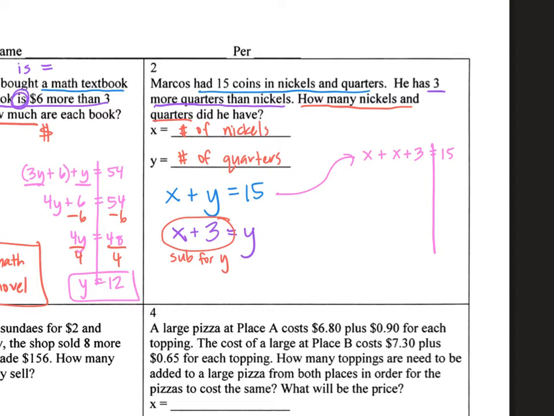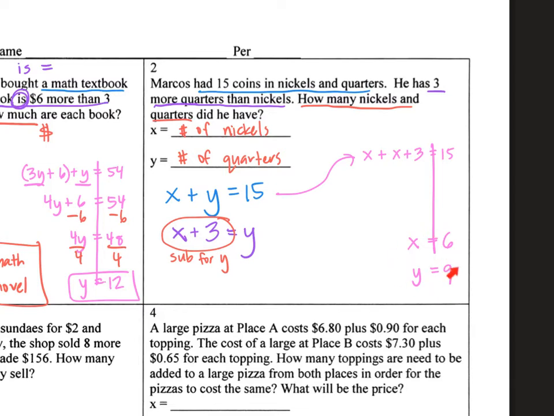You're going to eventually end up, if you solve it correctly, with X equals 6. And that's how many nickels, remember. And if you think about it, that means there's, what, 30 cents? Thinking about that might help you with some of these problems. And if there's 6 nickels, that means there are going to be 9 quarters.